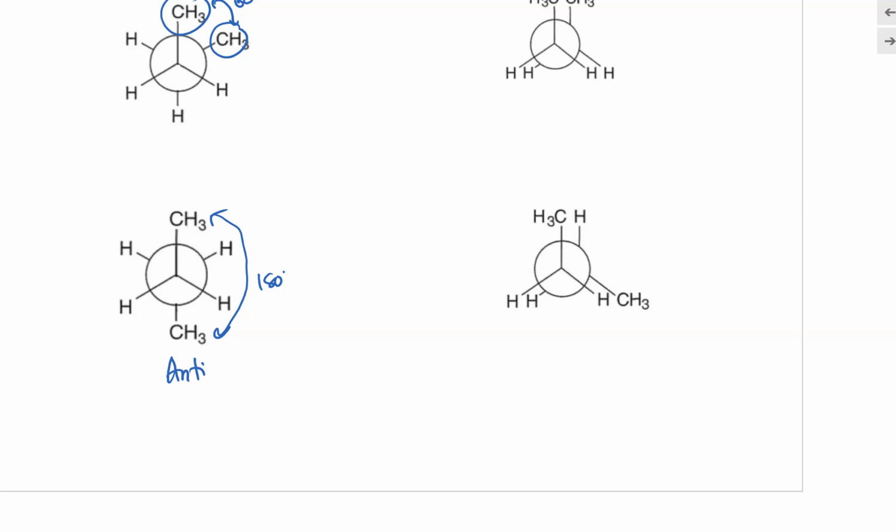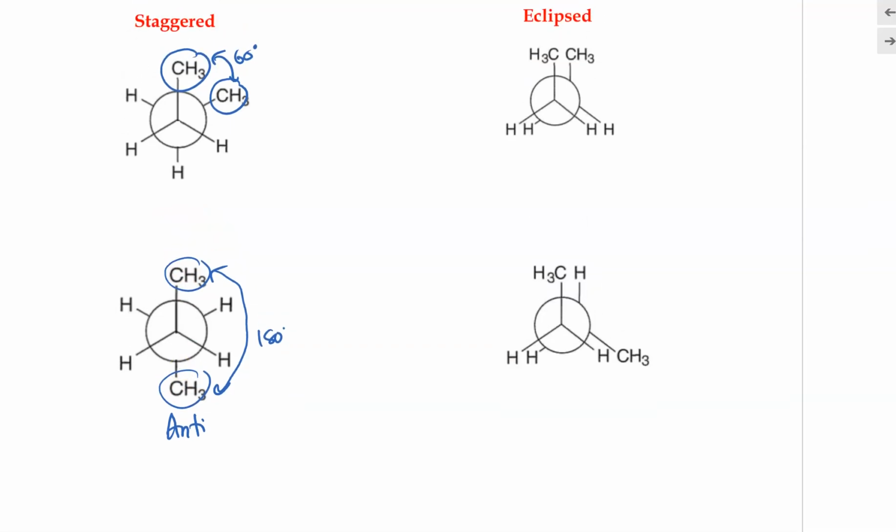The term anti refers to the fact that the 2 CH3 groups are opposite of each other, and therefore anti. In this case, when the 2 groups on the 2 adjacent carbons are 60 degrees from each other, this is called the gauche conformation. So please remember this term, the gauche conformation, which refers to the two groups on the two adjacent carbons that are 60 degrees from each other.